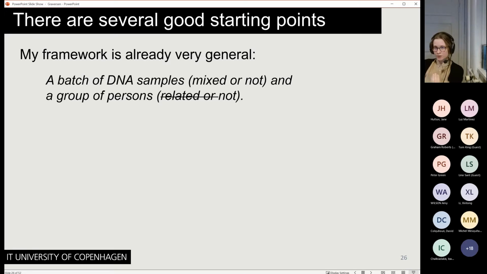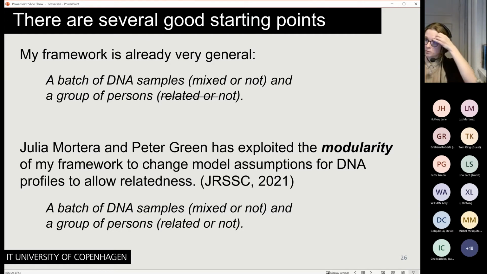So where I fall short here is that the framework doesn't allow relatedness among unknown contributors. Conceptually, there would be no problem, but I need a good computational specification of this. So great people have already done this effort, which is really nice.